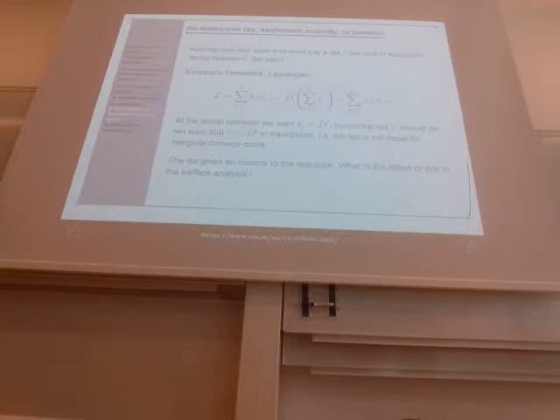The firm's problem was to maximise the benefit of emissions minus the costs of emissions associated with regulation. That was what the R was.